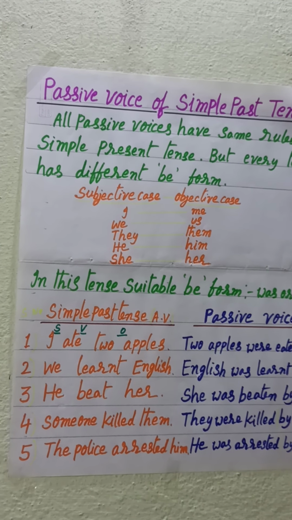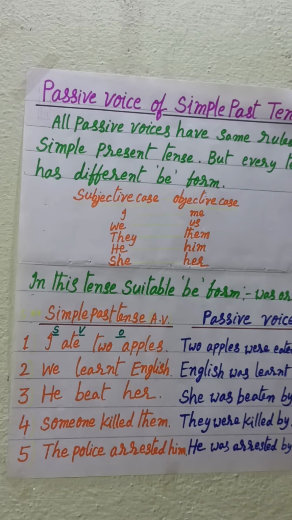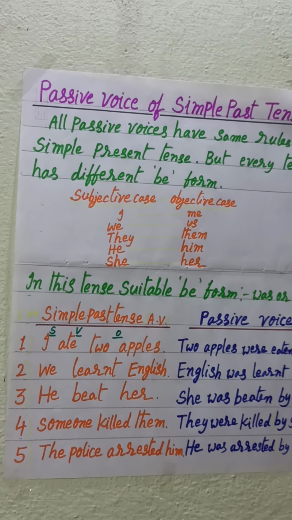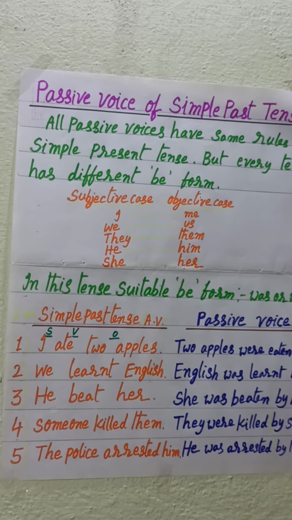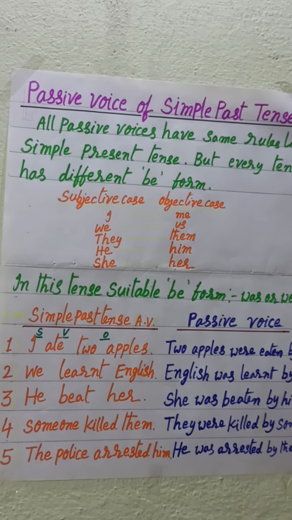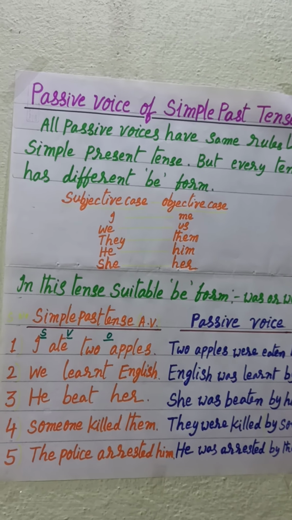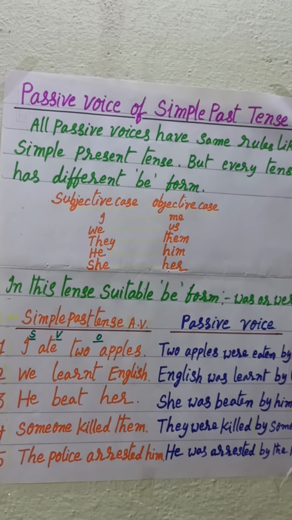It is simple past tense, that is active voice. If we change it into passive voice: 2 apples were eaten by me.